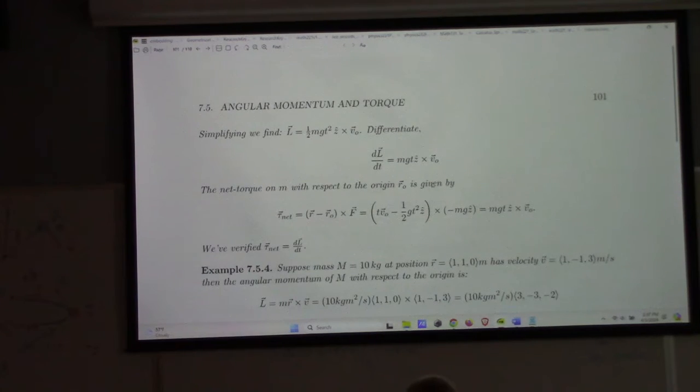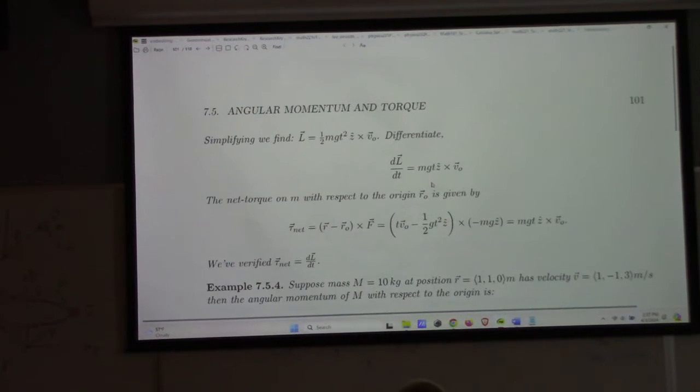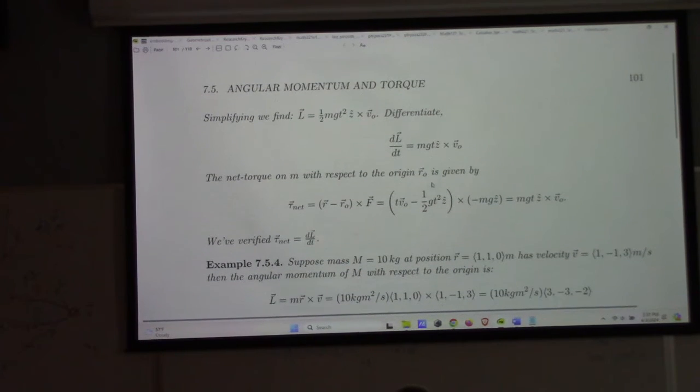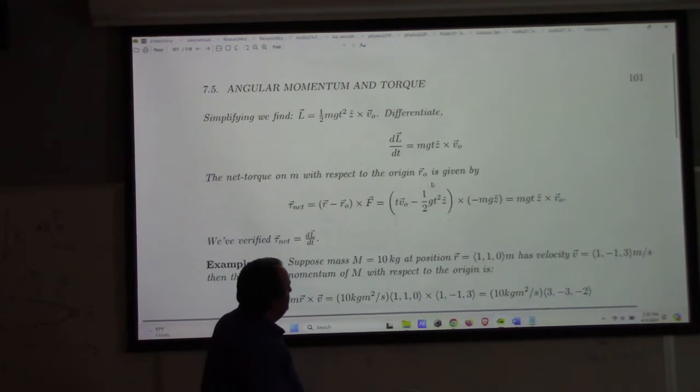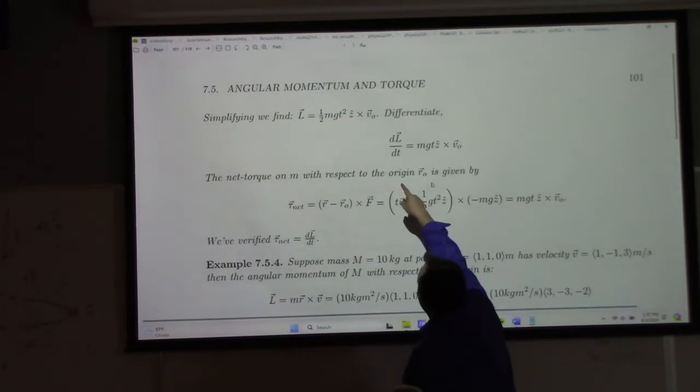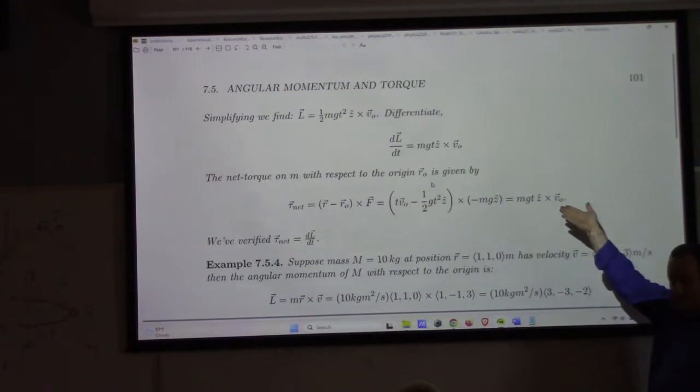Here it is. So as I said, simplifying, we find that the angular momentum is 1/2 m g t squared z hat cross v naught. I calculate. That's what it is.